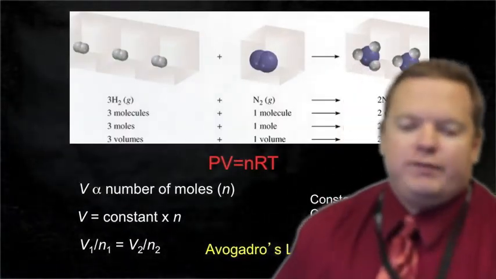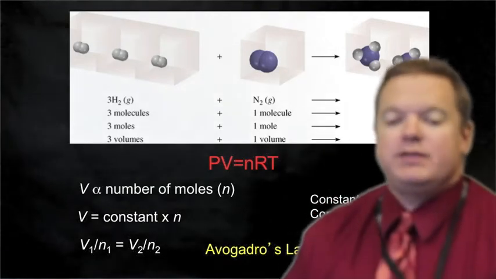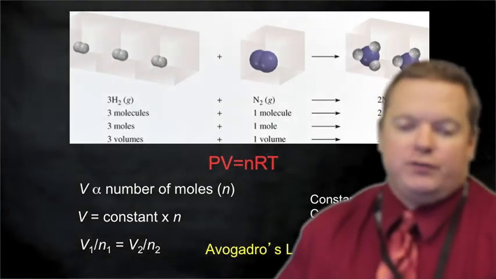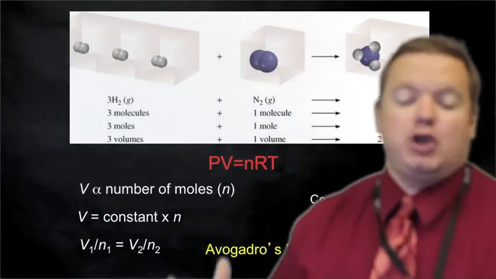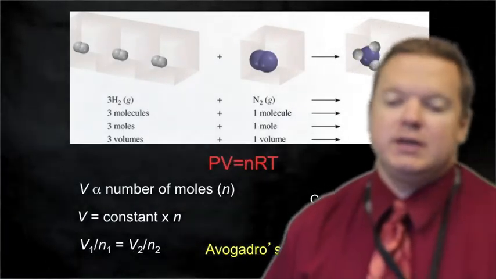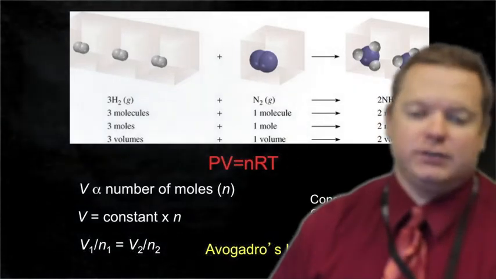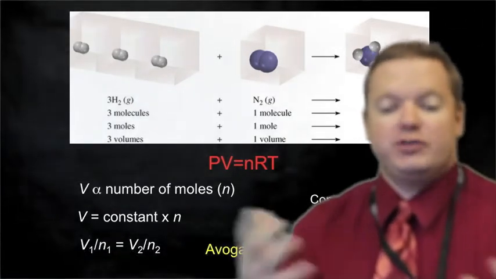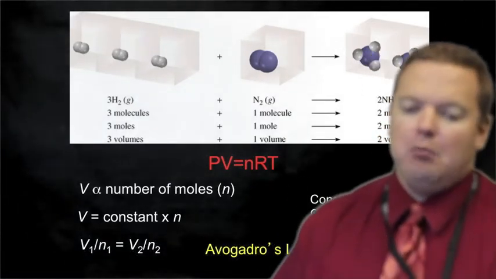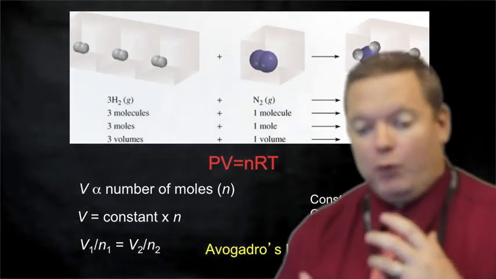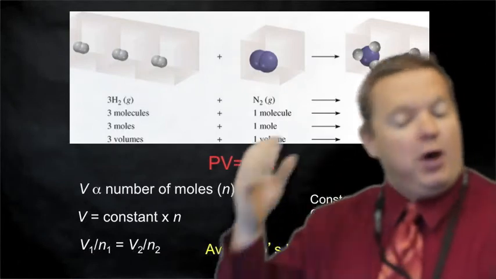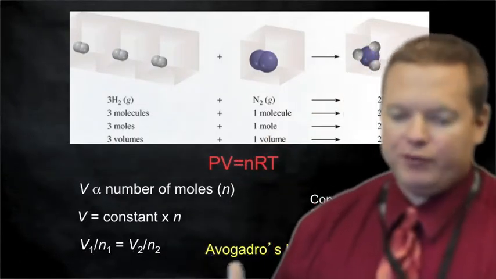The last relationship that we're going to talk about here is what we call Avogadro's law. If we do a reaction, we see that the volume is going to change with the number of moles present in that reaction vessel. So the volume is directly proportional to the number of moles. The volume divided by the number of moles in one state is going to be equal to the volume divided by the number of moles in the other.